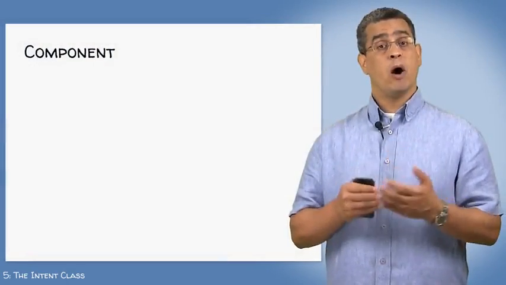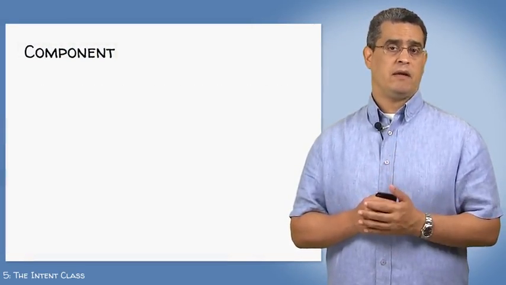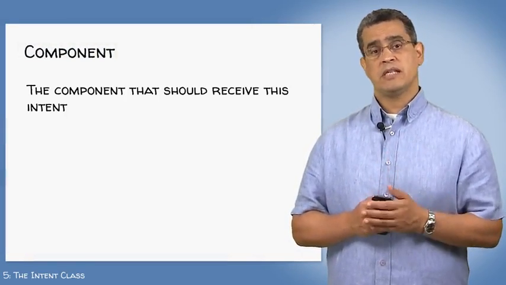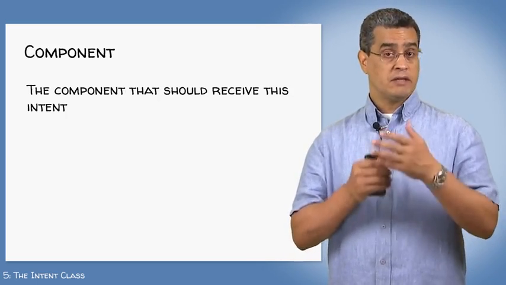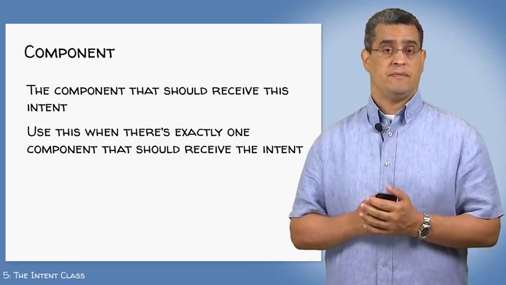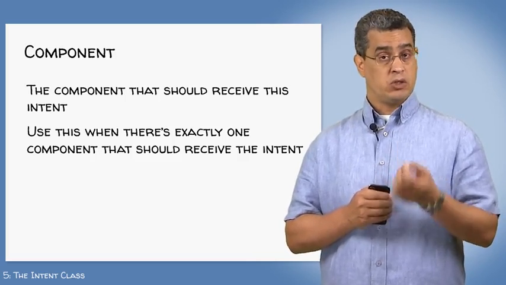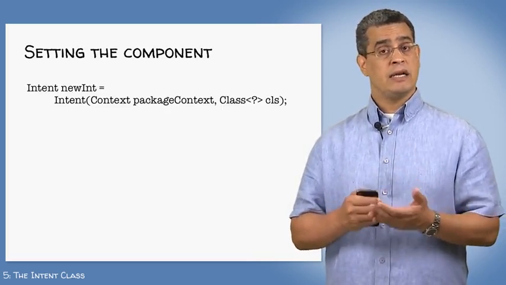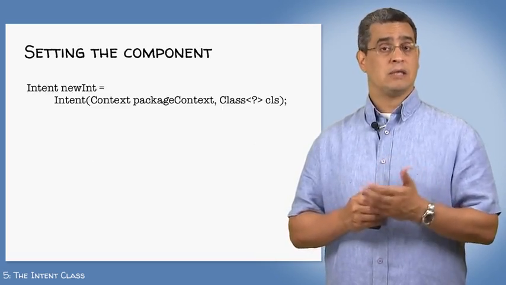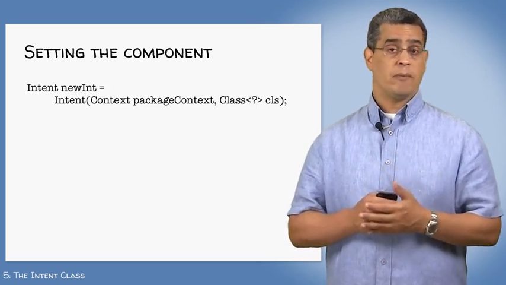Intents also have a component field that identifies the intent's target activity. And you can set this field if you know that there's exactly one activity that should always receive this intent. You can set the intent's target component using one of the intent's constructors by passing in a context object and a class object, which represents the activity that should perform the desired operation.